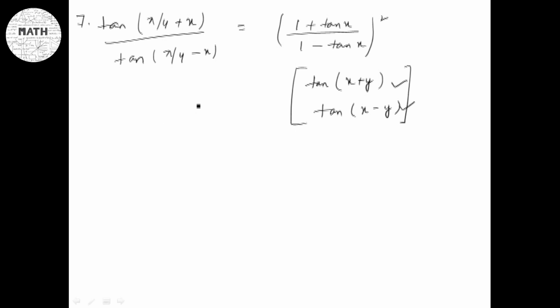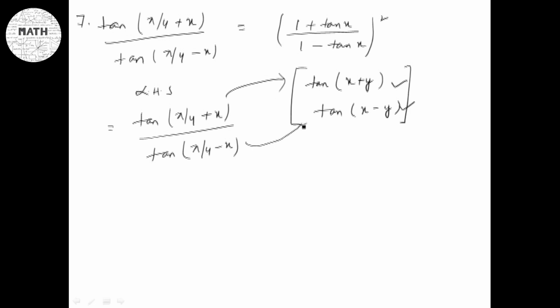All right, so let me go ahead with the left hand side. The left hand side is given to be nothing more than tan(pi by 4 plus x) divided by tan(pi by 4 minus x). So this one is this, and this one is that, similar to these two. I'm just going to apply the first formula, tan(x plus y), so that's nothing more than (tan x plus tan y) divided by (1 minus tan x tan y), because this one happens to be your x and this one happens to be your y, according to this formula.